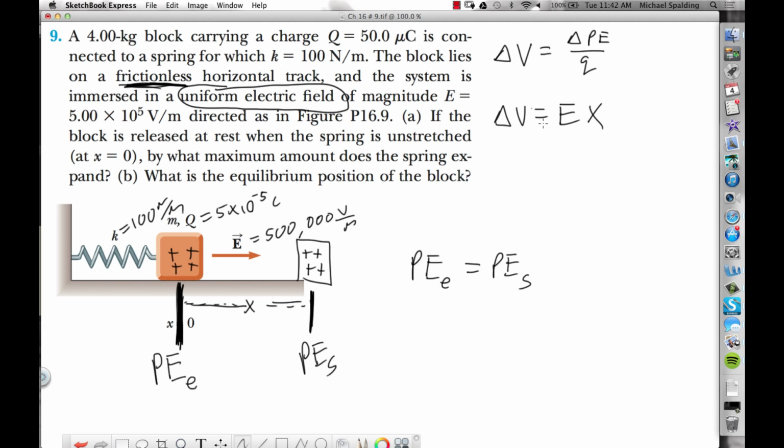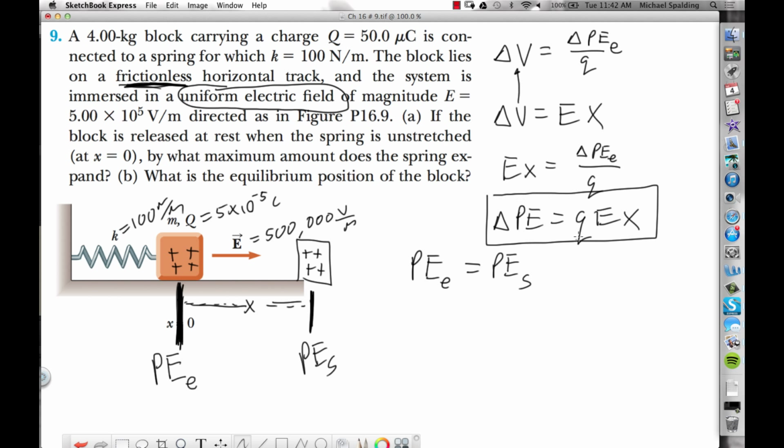Substitute them together and you get Ex equals change of electric potential energy over charge. So the change of potential energy is QEx.